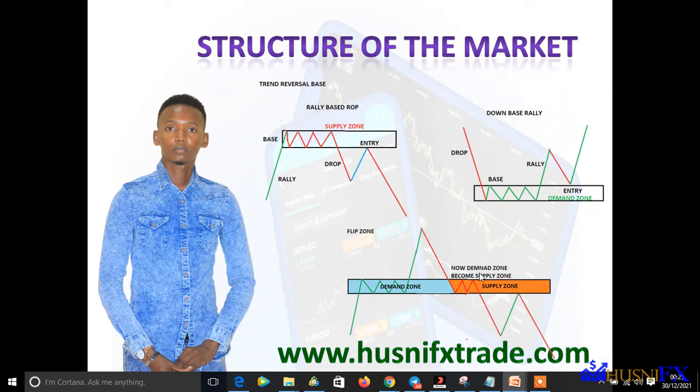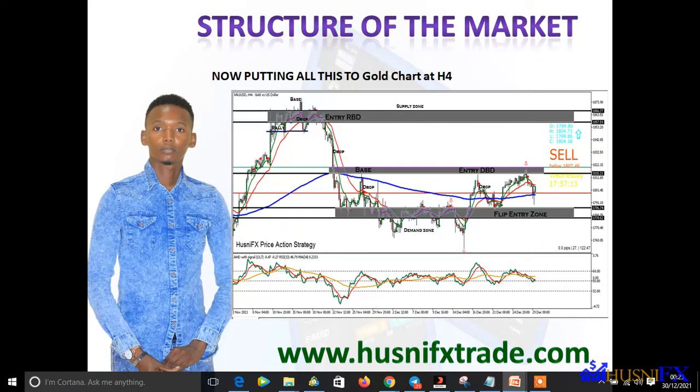So now the demand zone is becoming a supply zone and the market is flipping down. This is called the flip zone. These structures are very popular when it comes to trading in financial markets. So if you learn them, you will be in a very good position.